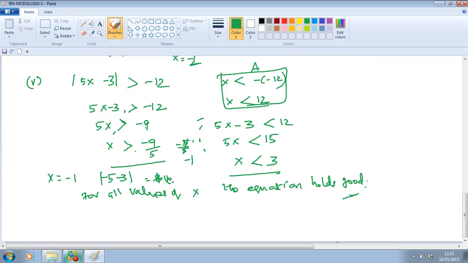When x is less than 3, one condition, it should be greater than minus 9 by 5. So all positive values come in the first equation. In the second one, x is less than 3, all negative values come. So for all values of x, the equation holds good.